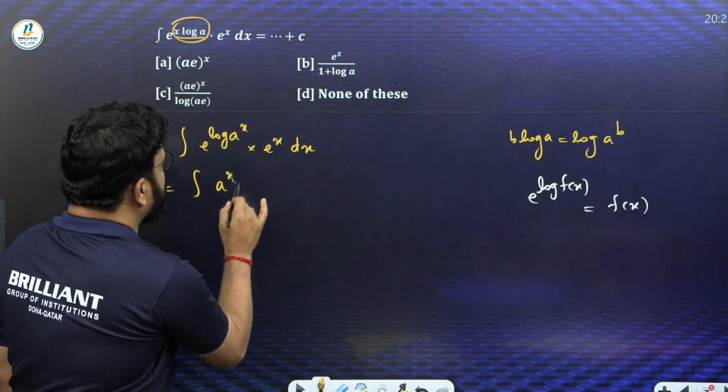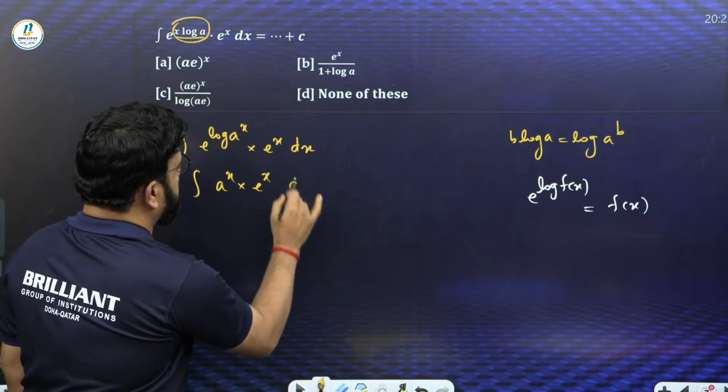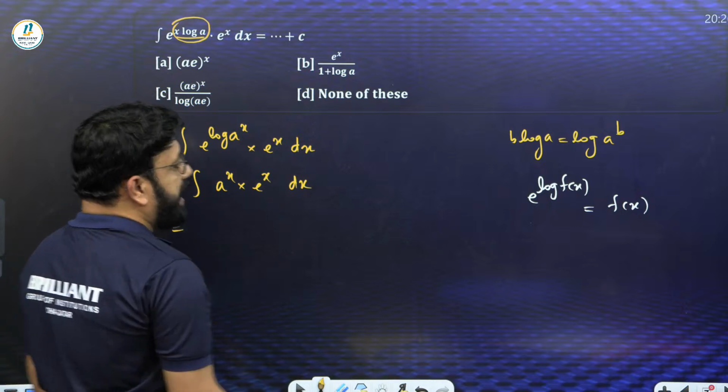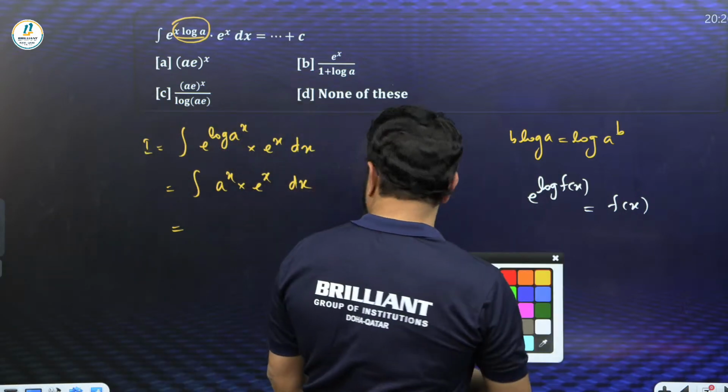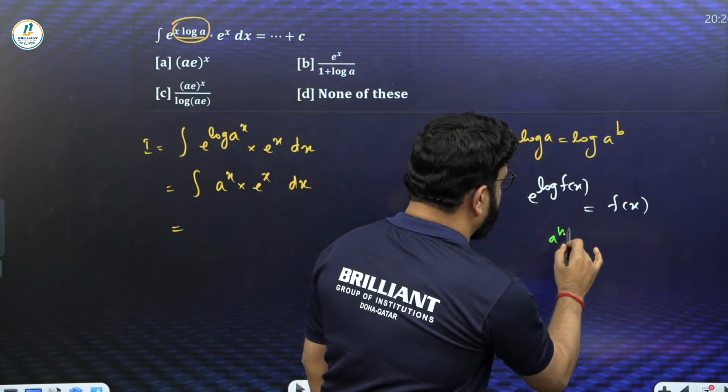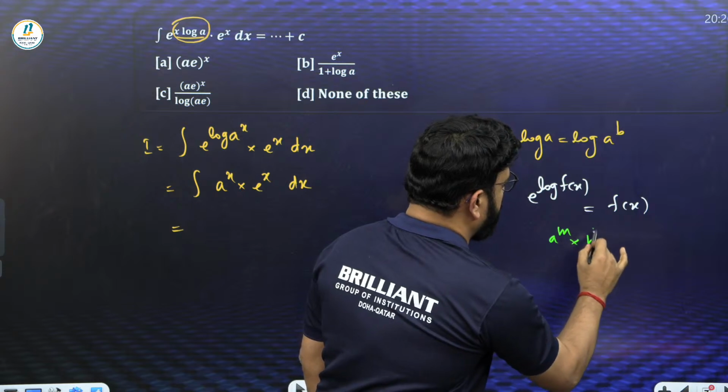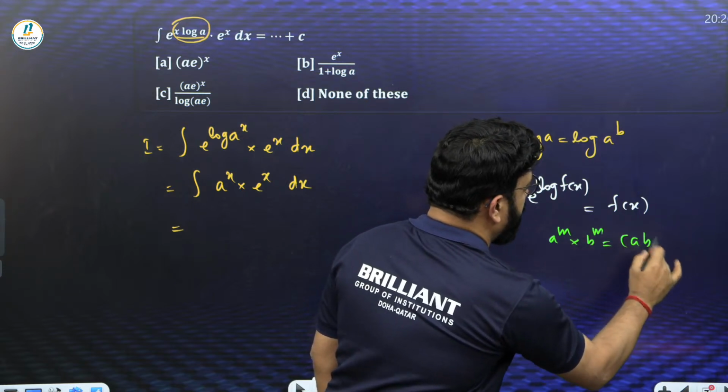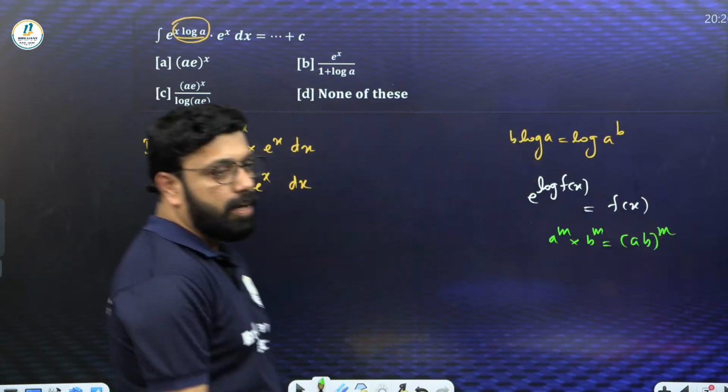Then we'll get the integral of a raised to x into e raised to x with respect to x. Use the algebraic identity a raised to m into b raised to m equals ab all raised to m.